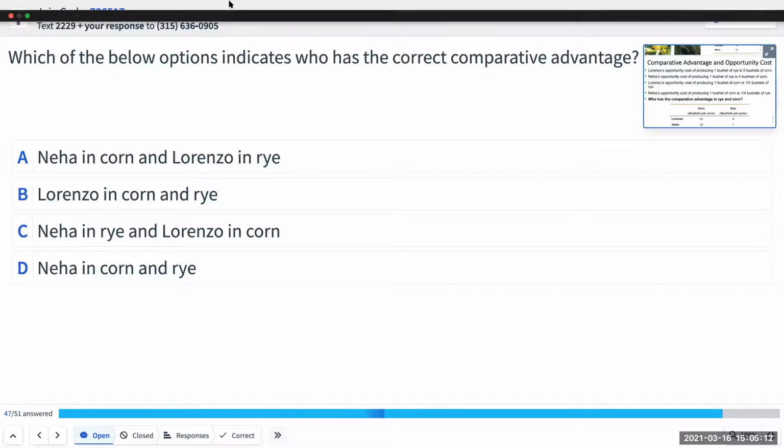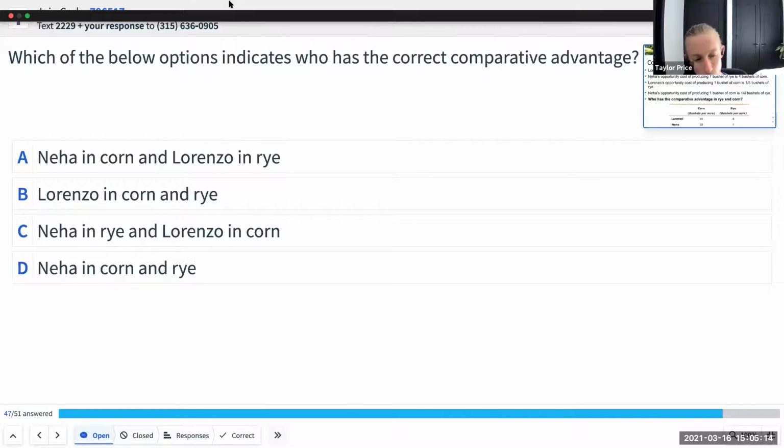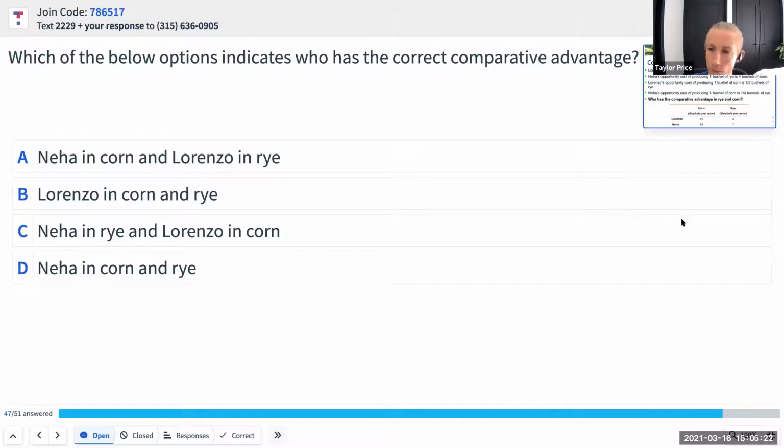Okay, and I think there should just be a couple more people to answer, and then we can go over the answer. Okay, so I'm going to close this and we can review the answer.